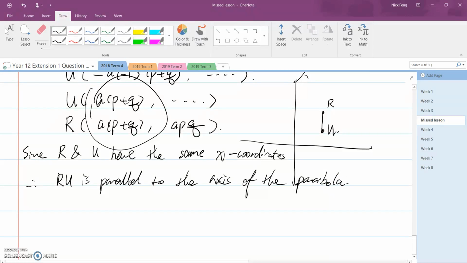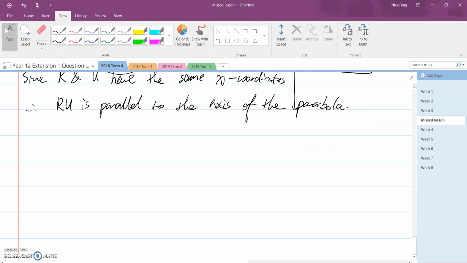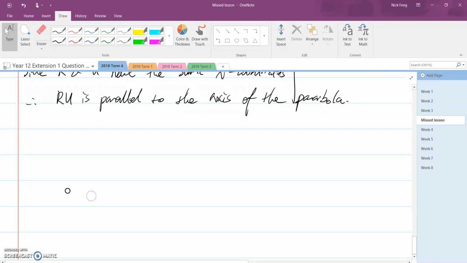Okay, so that concludes the end of question 5. Now, next part of the lesson, we are going to move on to the Cartesian approach of tangents and normals to the parabola.